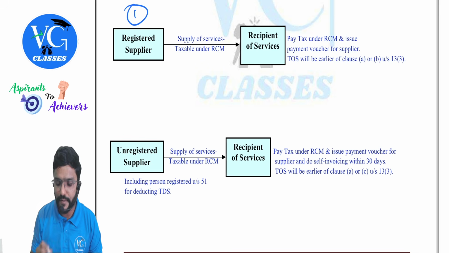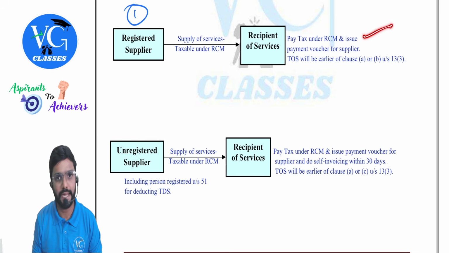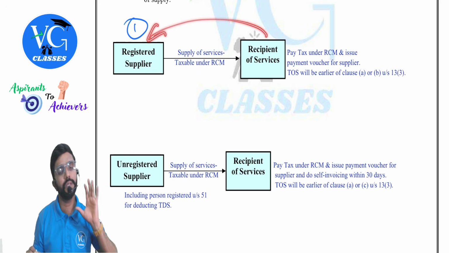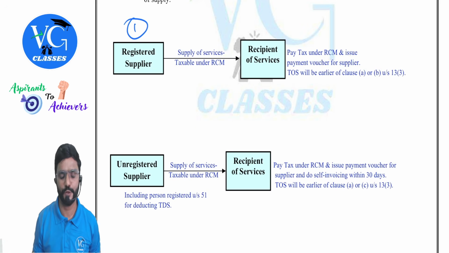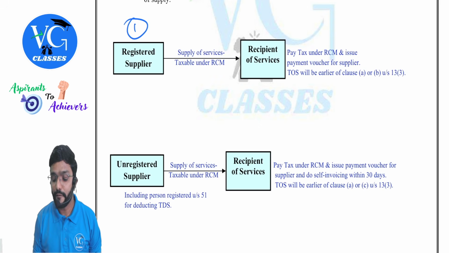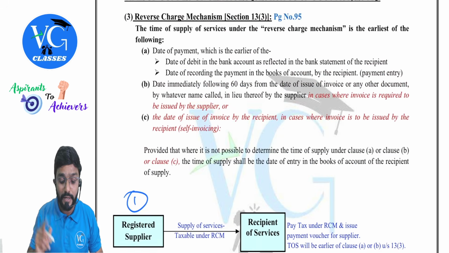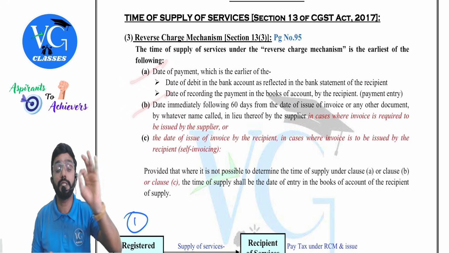Now, the recipient of services has to pay tax under RCM and issue a payment voucher to the supplier, telling I have made a payment of so much. And the time of supply will be the earlier of clause A or clause B.